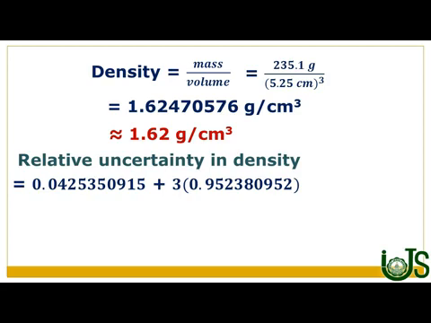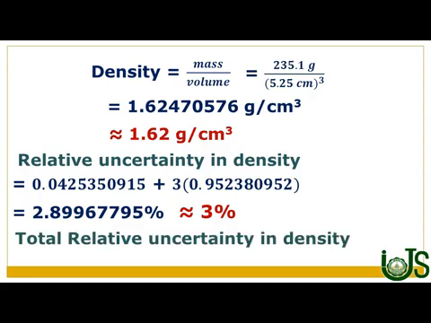The relative uncertainty in density will be computed based on the rule. Since in density your volume is to the power of 3, the 3 will be multiplied to 0.95238952. So your final answer will be 2.89967795%, or approximately 3%.